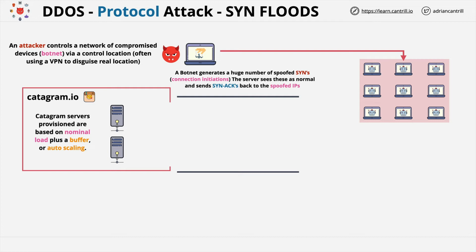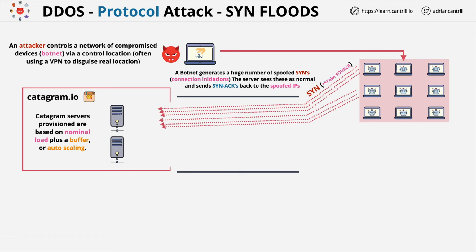So essentially, all of these individual machines attempt to initiate a connection with the catagram.io infrastructure, but crucially, they're using a spoofed IP address.